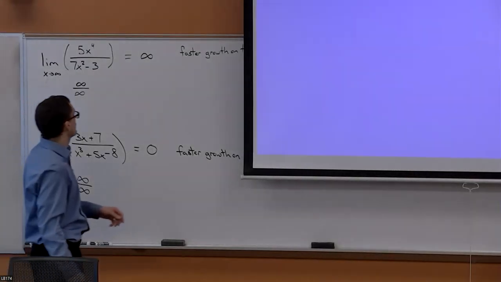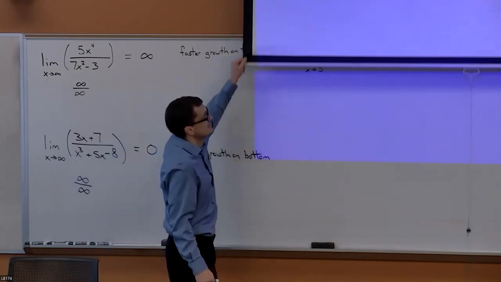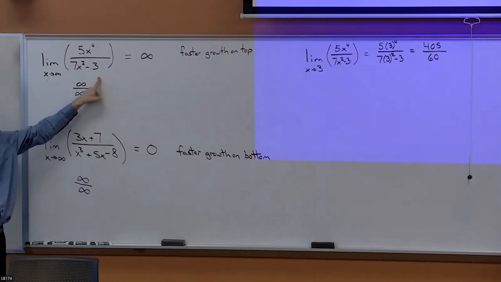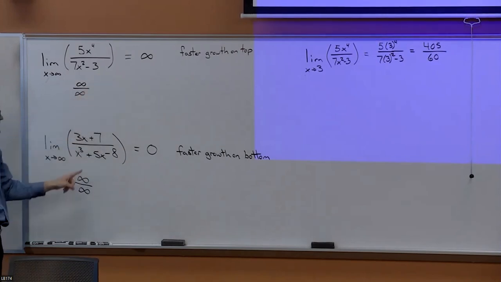Now, we can actually apply this here if we wanted to, or here if we wanted to. Let's just do this second one, okay? Now, we saw that it's a faster order of growth on the bottom, so the whole thing's going to 0.